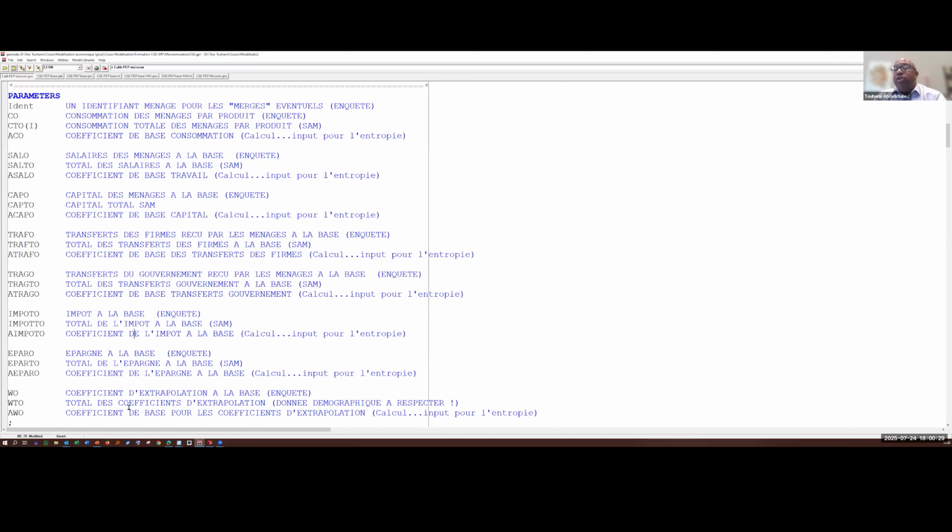If you are in Lebanon and you have a survey from Lebanon, you are looking at the extrapolation, where you look for the sum of extrapolation weight, because your survey is only, I don't know, 11,000 households. When you extrapolate, you must find the number of households in Lebanon.